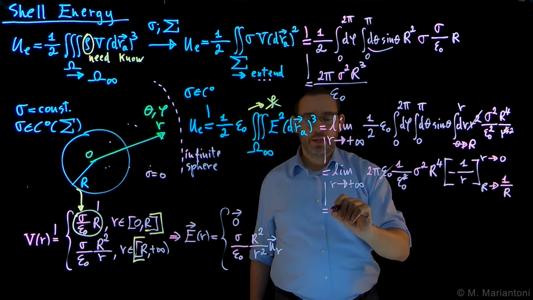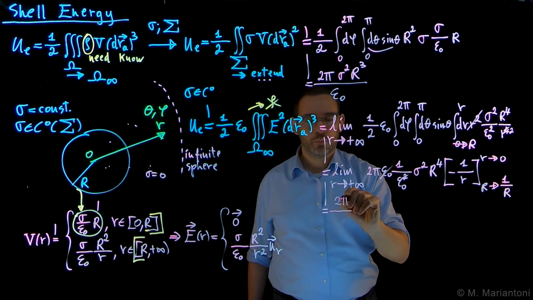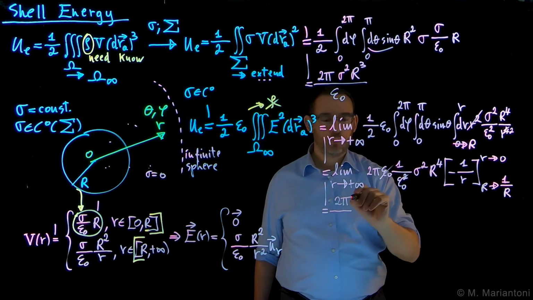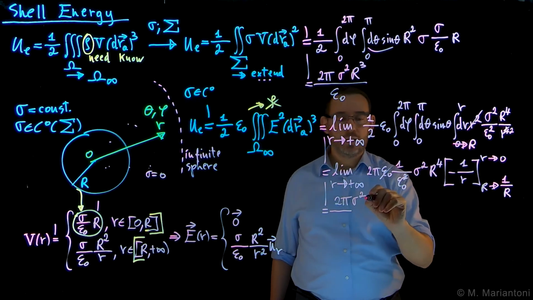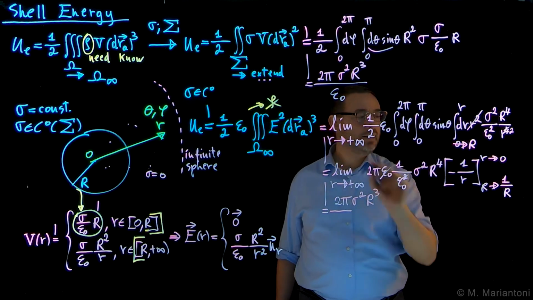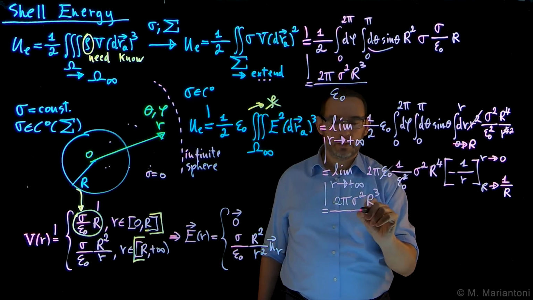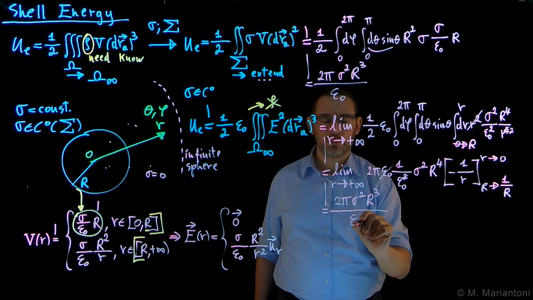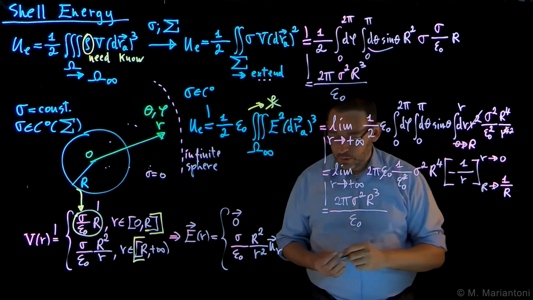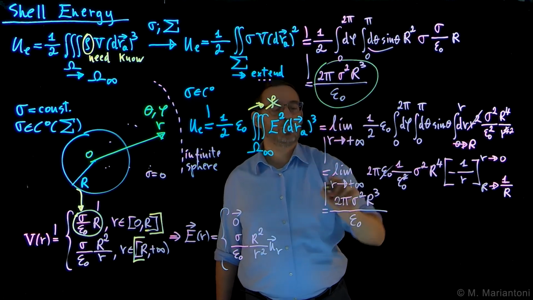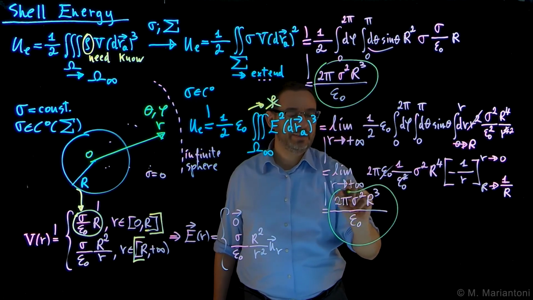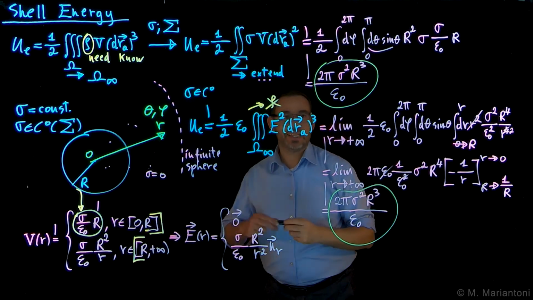And so, once again, we obtain 2 pi times sigma square times R to the 4 divided by R, which is R cube, exactly as from the integral before, divided by epsilon naught. And so, beautiful enough, we were able to show that these two results are exactly the same. So the two expressions, as expected, are equivalent.